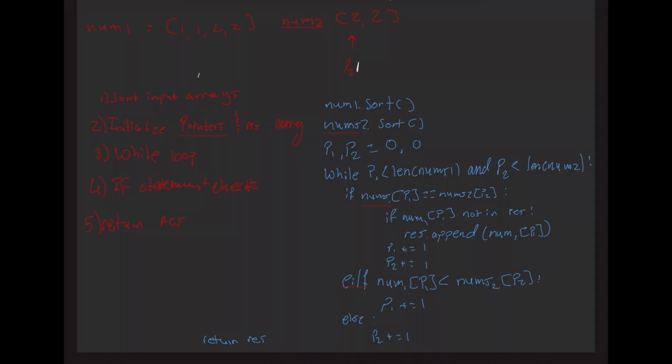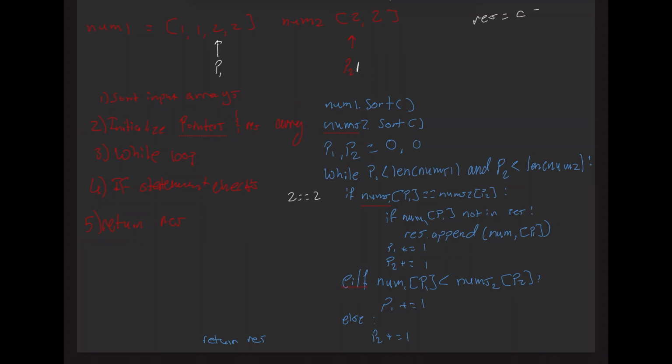So we're going to tell P1 to increment to another pointer, and then we're going to say, do we have a match? We do. Wonderful, because 2 is equal to 2. And nums of P1 is not in res, because res right now is empty. There's nothing in there.